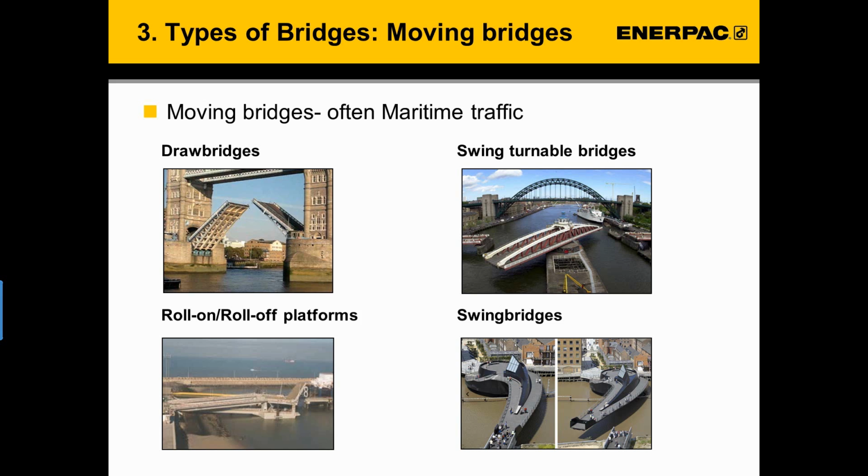Moving bridges are often used when maritime traffic is involved. Some examples are the swing or drawbridge, turnable bridges, and ro-ro or roll-on, roll-off bridges to move wheeled equipment such as cars and trucks on and off the different vessels.